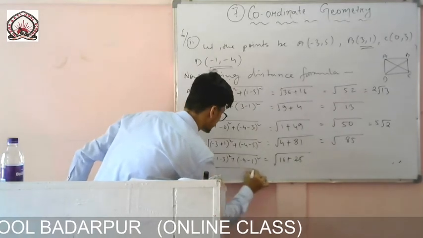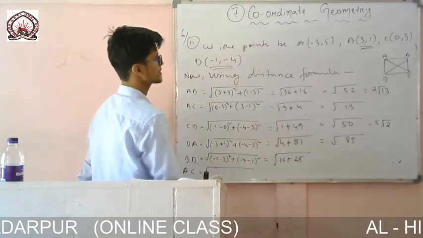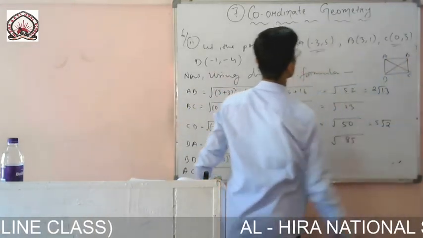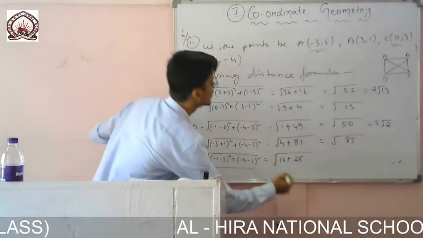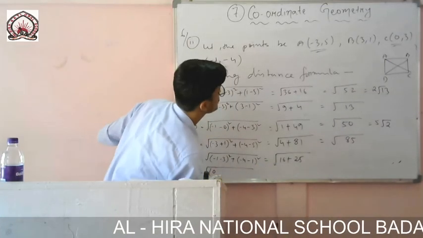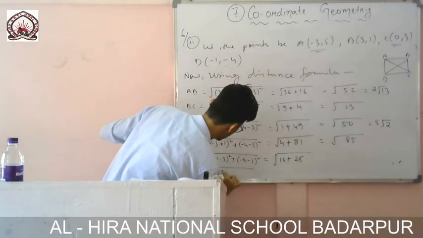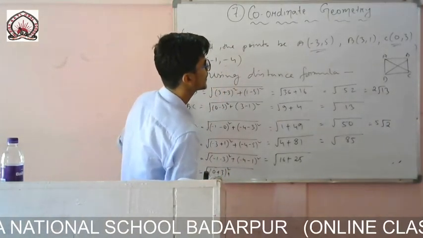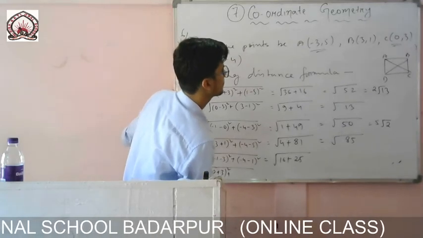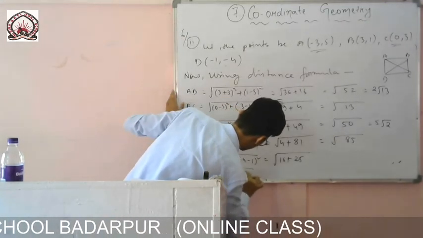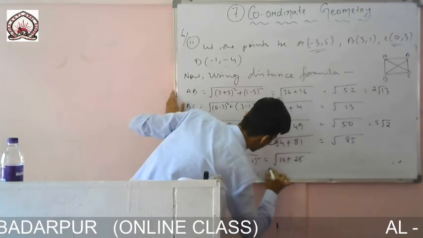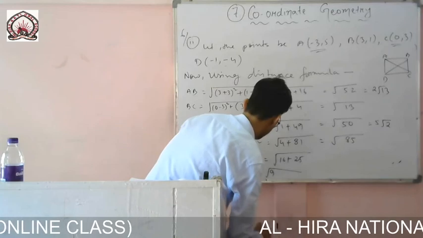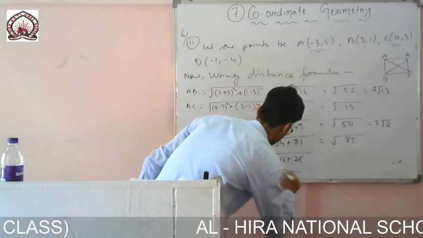Next one, it is AC. It will be (0 minus (minus 3)), so plus 3, whole square, plus (3 minus 5) whole square. 3 square is 9, and 5 minus 3 is 2, minus 2 square again is 4.